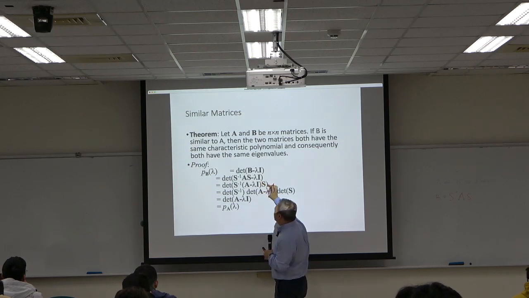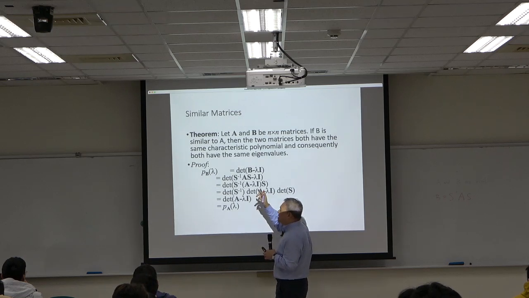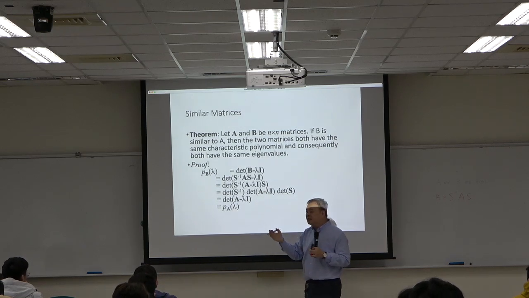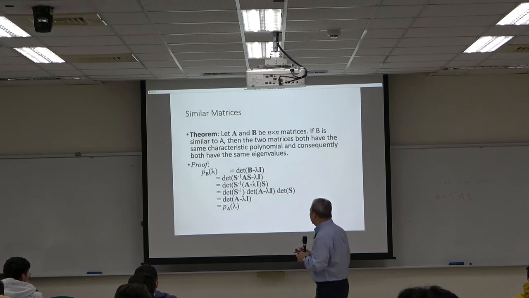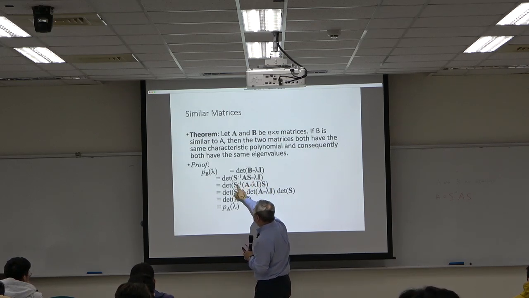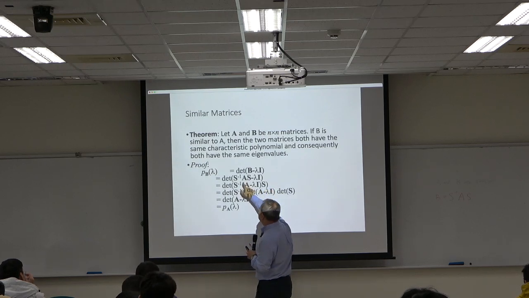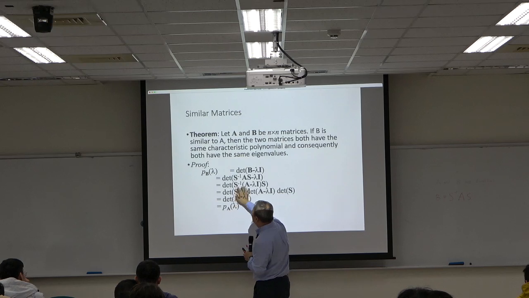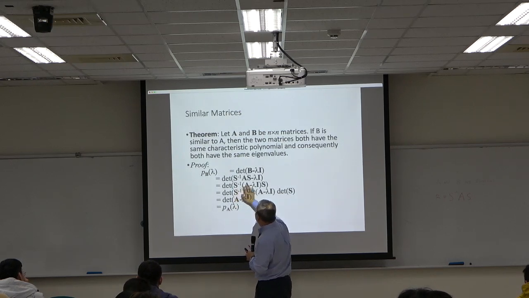And I can be written as S inverse times S. So you can get S inverse out in the front, and S out at the back, so it becomes A minus lambda I, with S inverse in the front and S in the back.